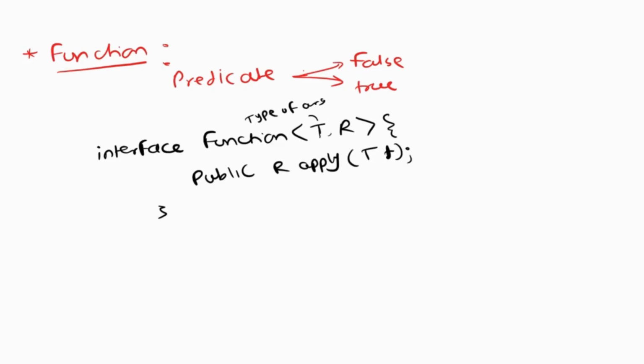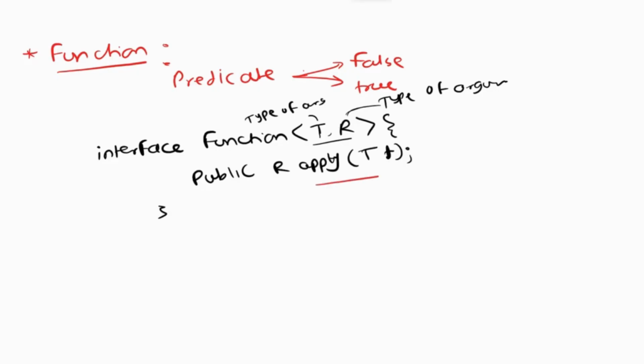T is the type of the argument, and R is what it will return. Either way is fine, so do not think much about these things. It has the apply method.